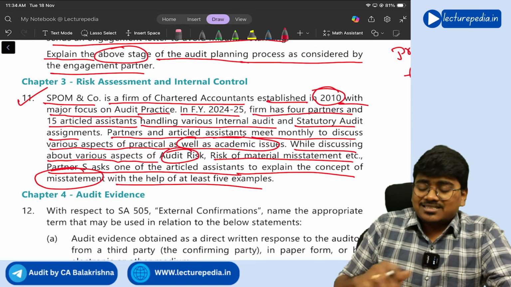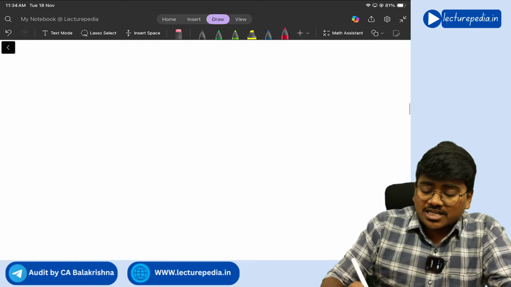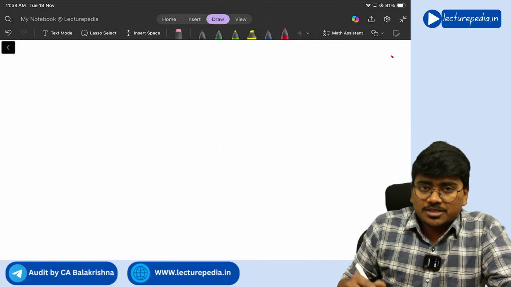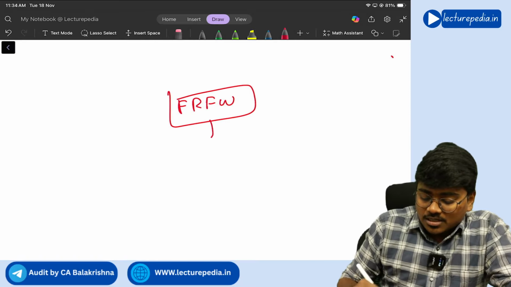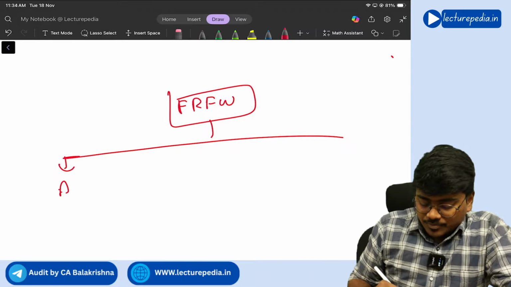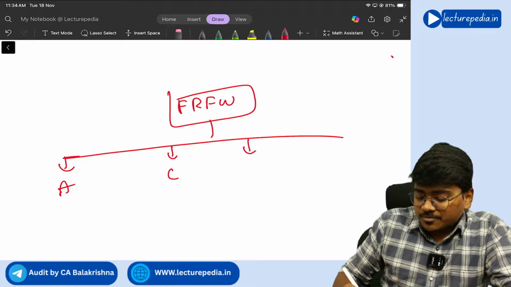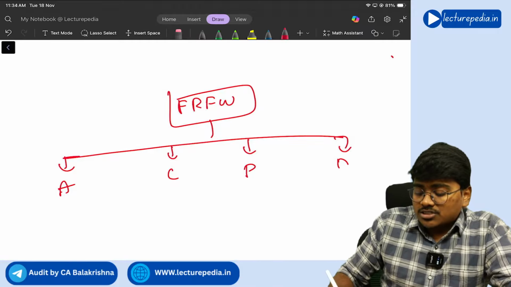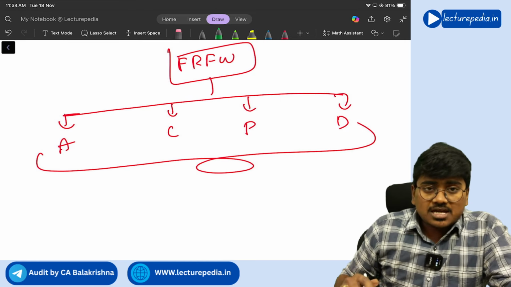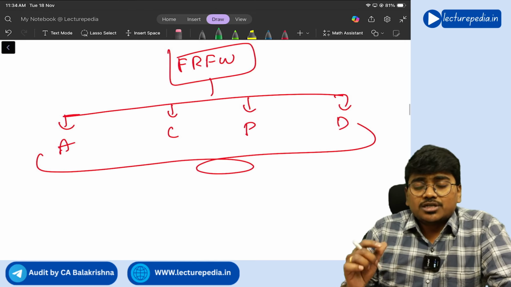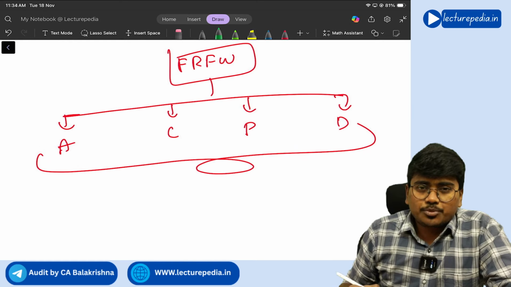So you need to write the definition of a misstatement. So what is the definition of misstatement? The financial reporting framework gives you guidance about amount, classification, presentation, disclosure, right? Now you have to follow this guidance given by the financial reporting framework.